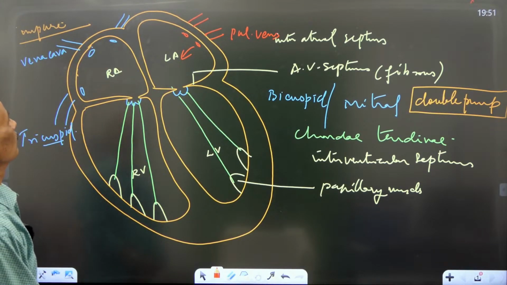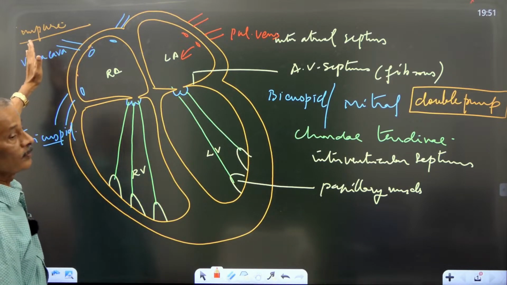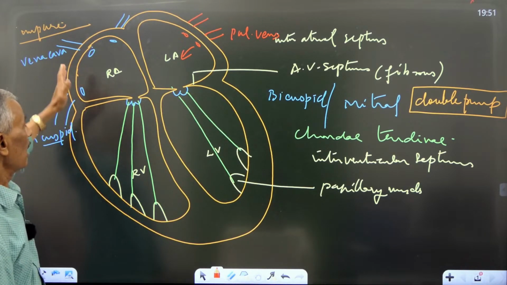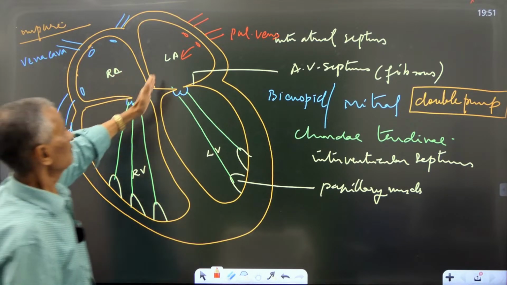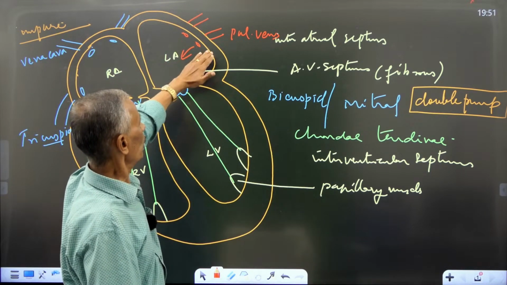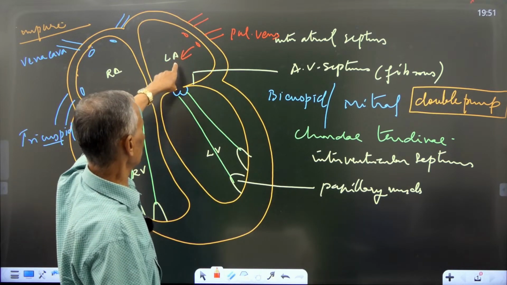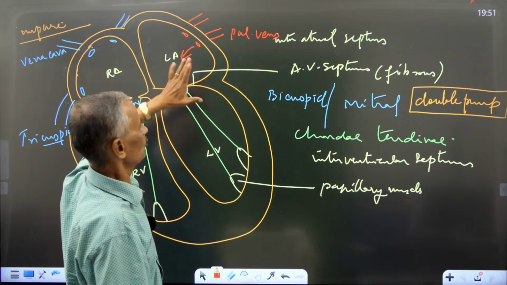Okay. So, this is impure blood that is coming and that is being pumped. Here on the left side, pure blood from the lungs, after oxygenation, is coming and then it is pumped.